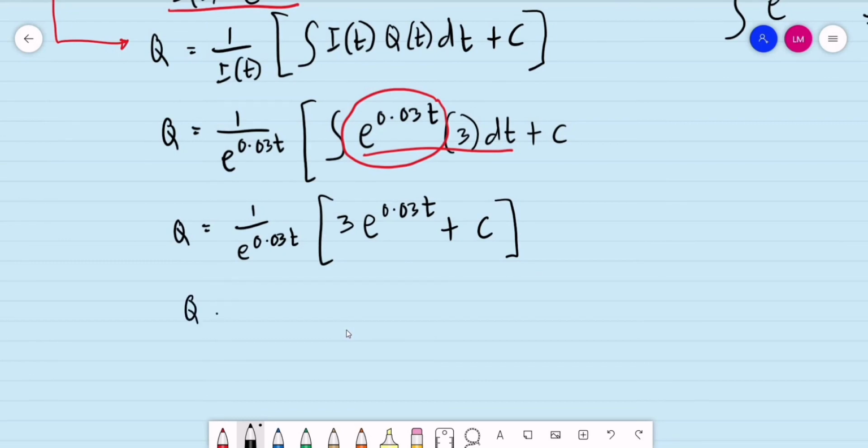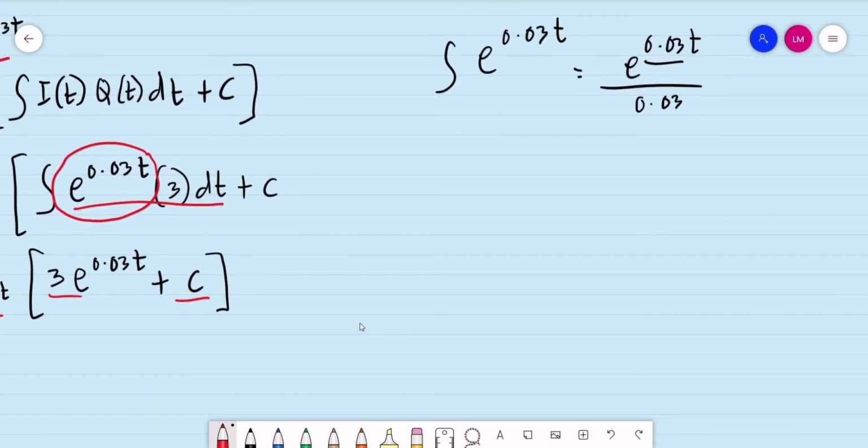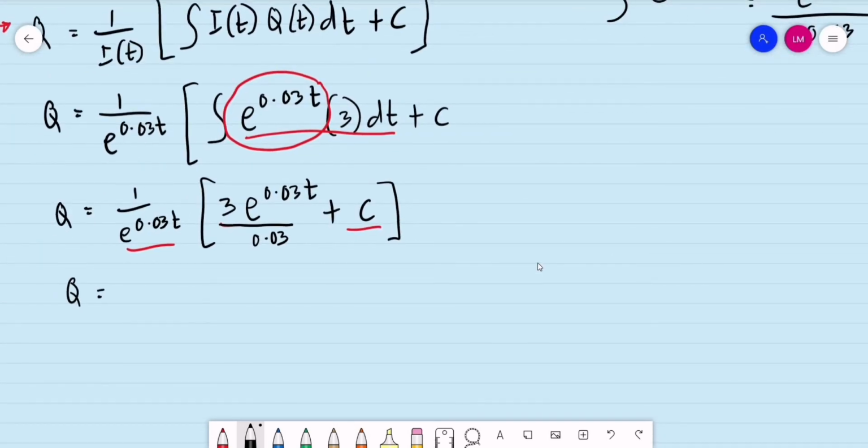This is now q equal to, we distribute this denominator to these 2 terms. Sorry, I forgot, what is the integral of e raised to 0.03 t? We have to place a denominator of 0.03. Then we now distribute the denominator to these 2 terms.